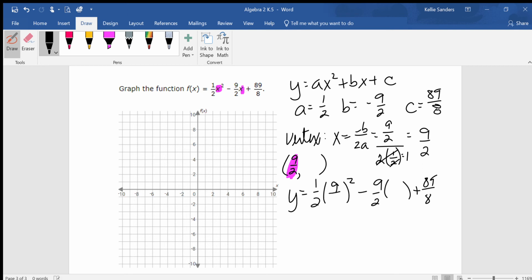I promise you, on this one, it's okay to get a calculator if you need it. Or I'm going to do it myself. To square fractions, top times top and bottom times bottom. So 9 times 9 is 81, times 1 is 81, 2 times 2 is 4, times 2 is 8, minus 81 over 4, plus 89 over 8, times 2 to get a common denominator.